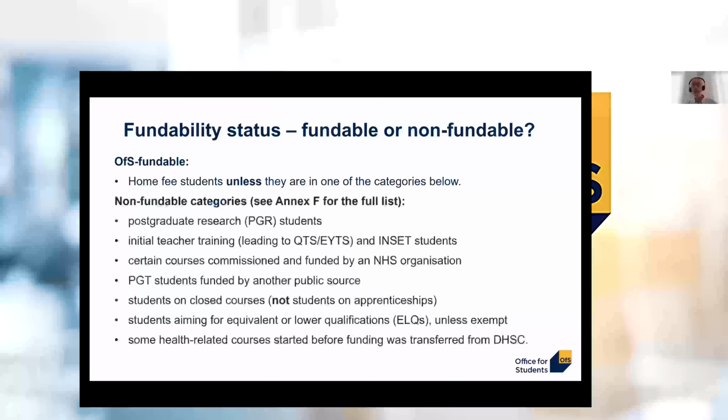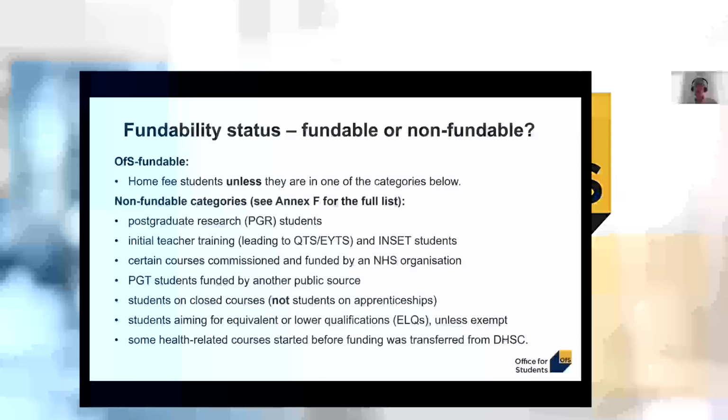So these are all in Annex F, and the main ones are shown here. So postgraduate research, initial teacher training leading to what they call qualified teacher status, QTS, or early years teacher status, and inset students, certain courses commissioned and funded by an NHS organisation, postgraduate taught students funded by another public source, students on closed courses, although you remember what I said earlier, that doesn't apply to students on apprenticeships.